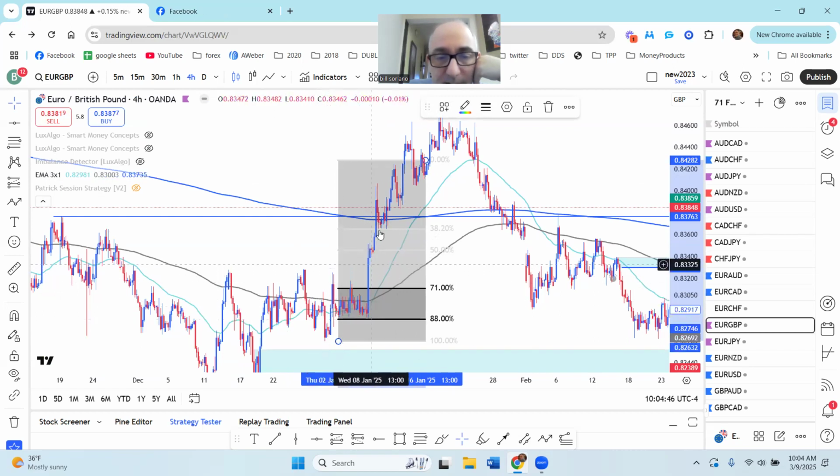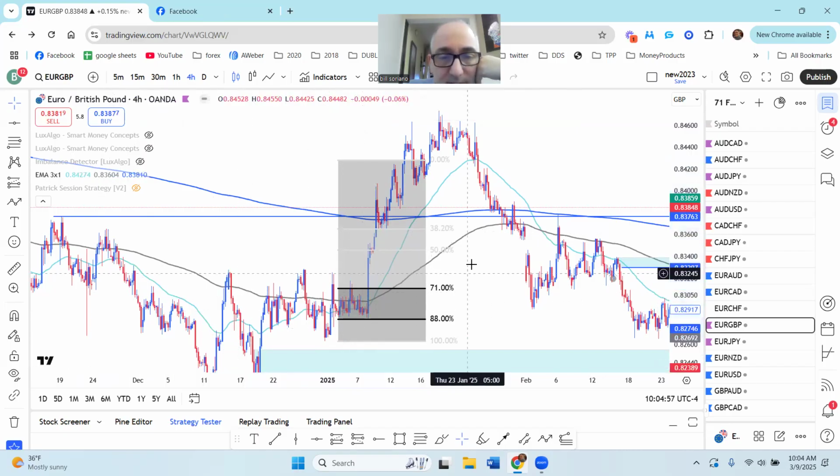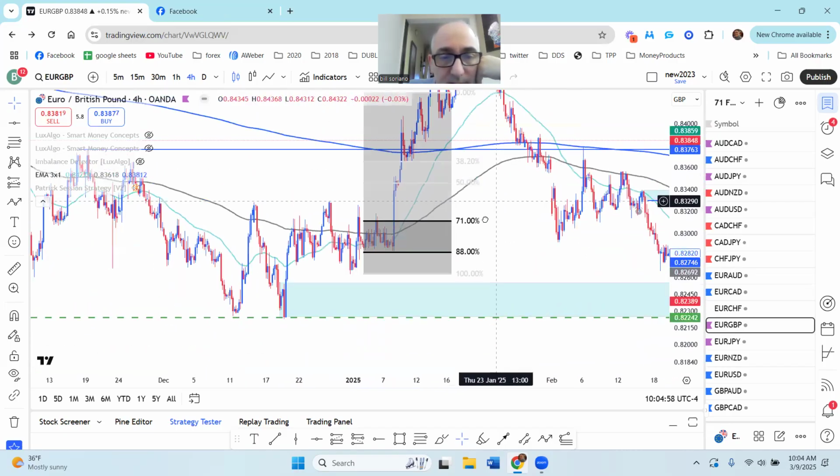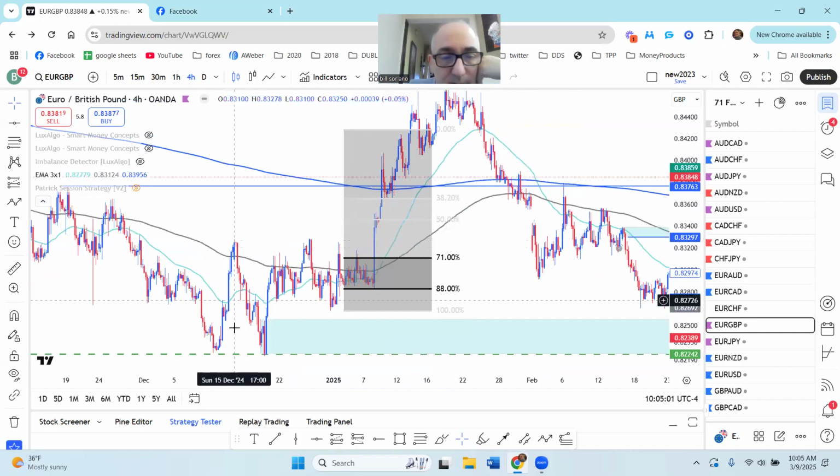okay? And again, you have to use this low here because here's the last swing high that was created. When price breaks that, price comes down, breaks that, comes to here. Now you have a new swing high right here, okay?